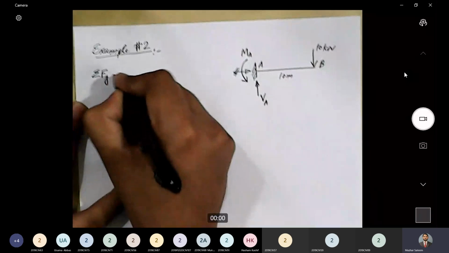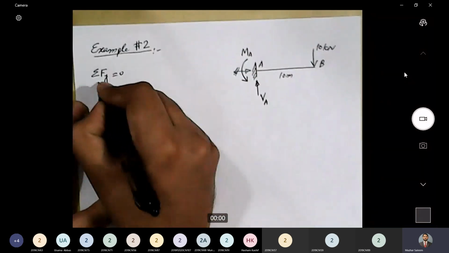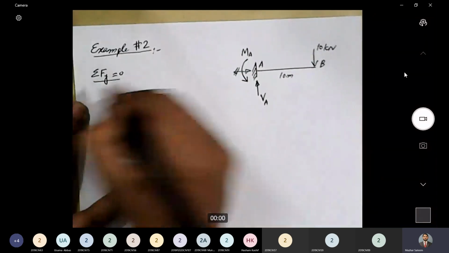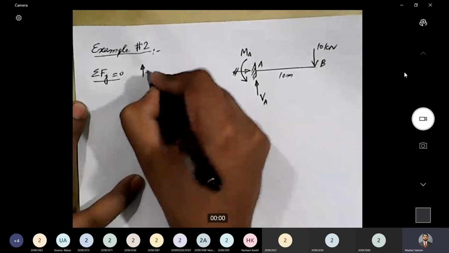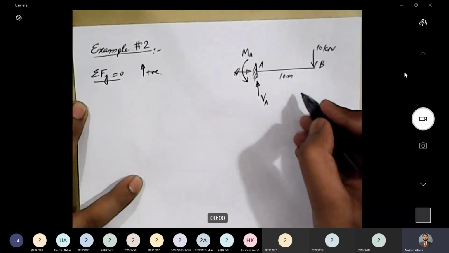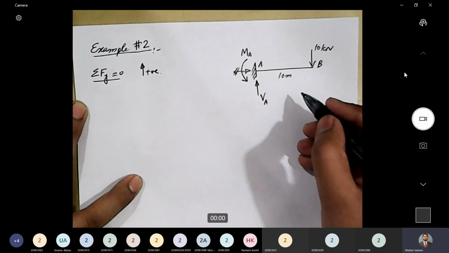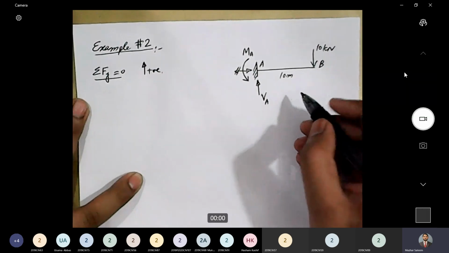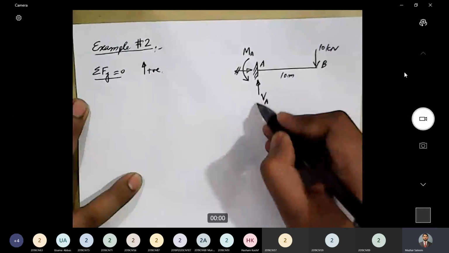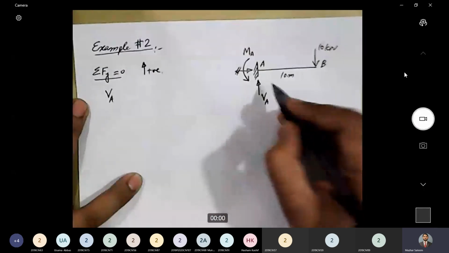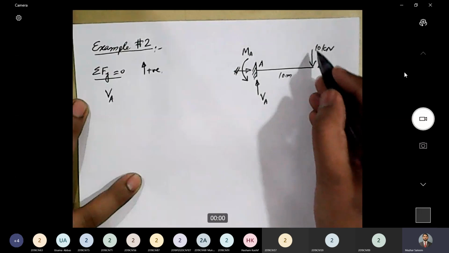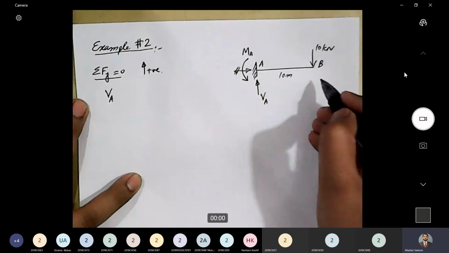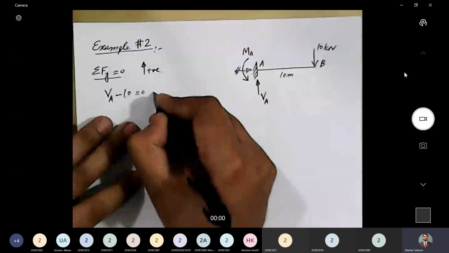So we'll apply sigma Fy equal to 0, and our convention is upward positive. So how many forces are acting in y direction? We have one force VA that is acting in upward direction, so positive VA, and the other force is the applied load of 10 kilonewton, which is acting in downward direction, so minus 10, and this is equal to 0.